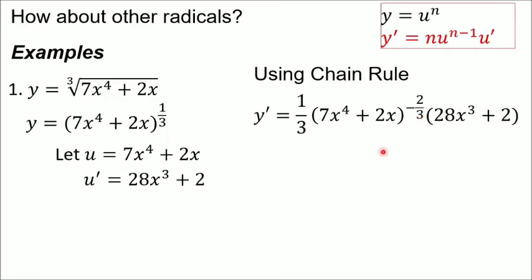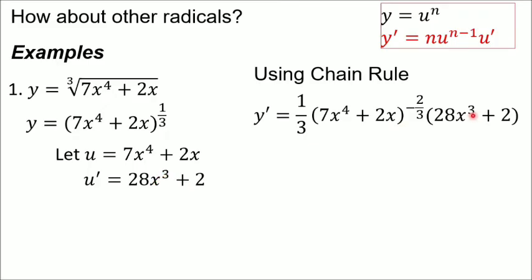Bakit? Kasi nag-subtract tayo ng 1 dun sa exponent niya na 1/3. So 1/3 minus 1, or we can have 1/3 minus 3 over 3. So 1 minus 3 is negative 2. Kaya negative 2 over 3, times u prime, andito, 28x to the 3 plus 2.